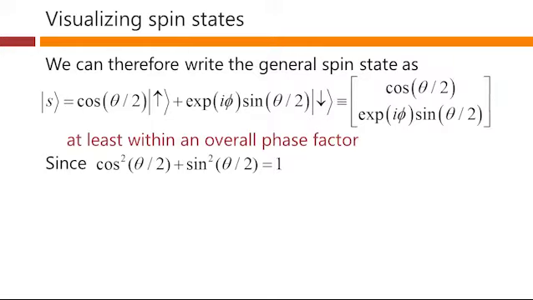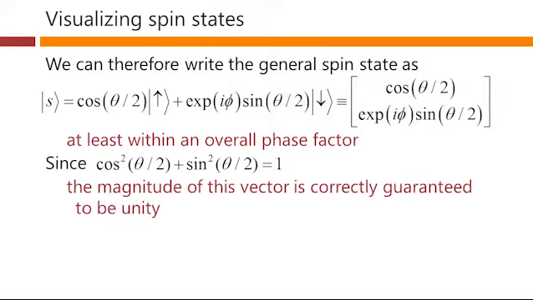So we'd be left with an inner product of S with its own bra vector here, which of course is just the magnitude of S. That would be 1 because cos squared theta over 2 plus sine squared theta over 2 is 1. So the magnitude of this spin vector here is guaranteed to be unity. So we have a normalized vector of unit length.